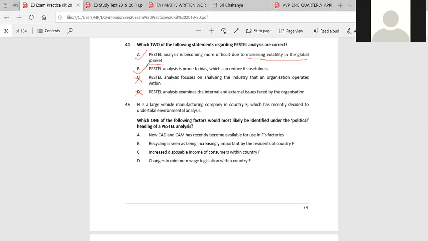45th question, is that clear? Now 45th one. H is a large vehicle manufacturing company in country F which has recently decided to undertake environmental analysis. Which one of the following factors would most likely be identified under the political heading of a PESTLE analysis?